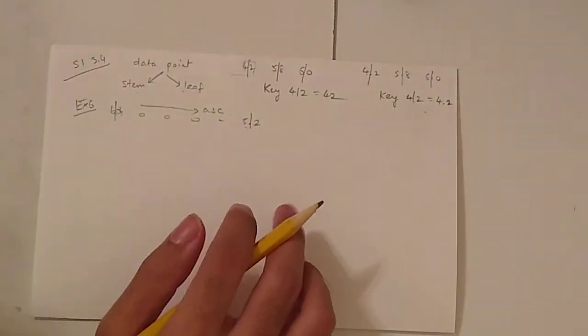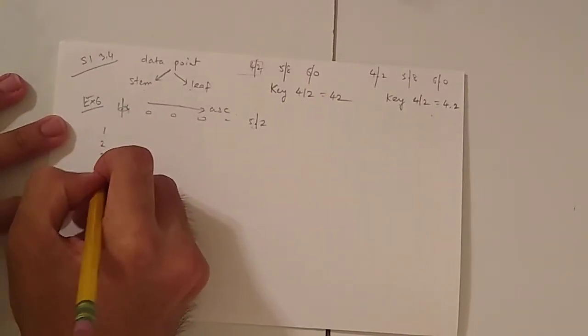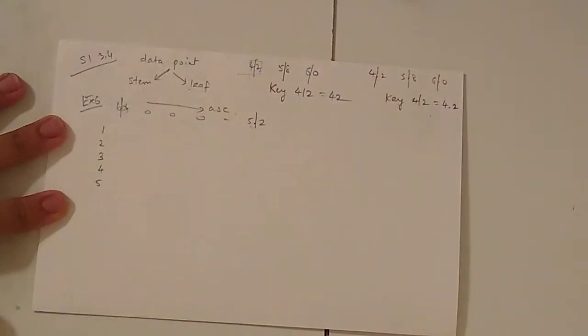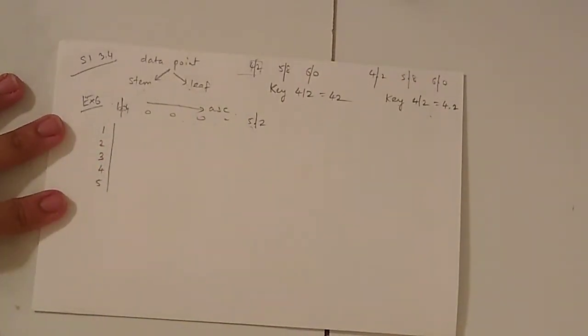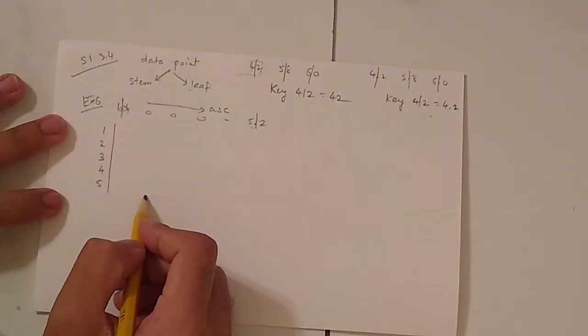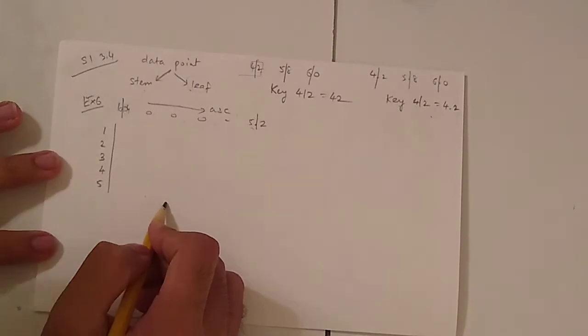So let's start. We have 1, 2, 3, 4, 5. These are the stems. Then we separate the stems from the leaves.